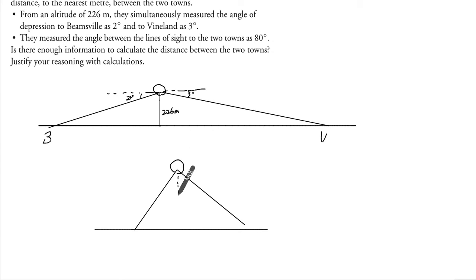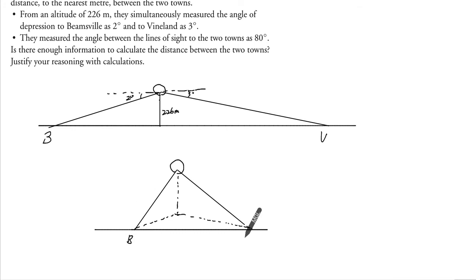So that right there is the ground, okay? And it's far away. We don't know what the distance is. It's far away from the direct linear path from Beamsville to Vineland.